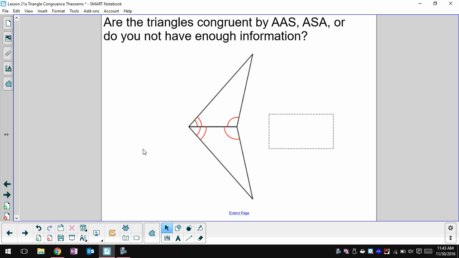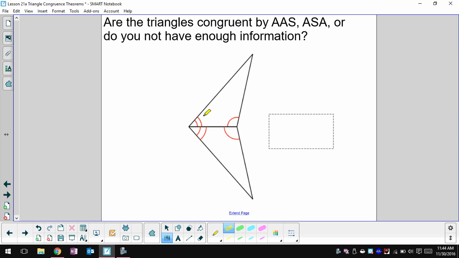So we're going to look at some pairs of triangles, and we're going to determine if they're congruent by angle-angle-side or angle-side-angle, or if we just don't have enough information to say that they're congruent to each other. Remember that two triangles are congruent if all their sides that correspond and all their angles that correspond are congruent.